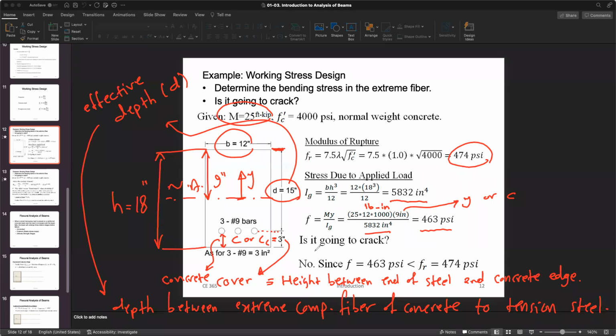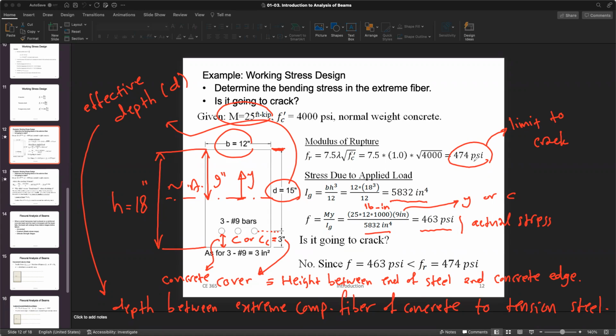Okay. So the question is, is it going to crack or not? All right. So this value is your actual stress. Your actual stress is 463. Your limit to crack is 474. All right. So guess what? What's going to happen? Your actual stress hasn't reached your limit.